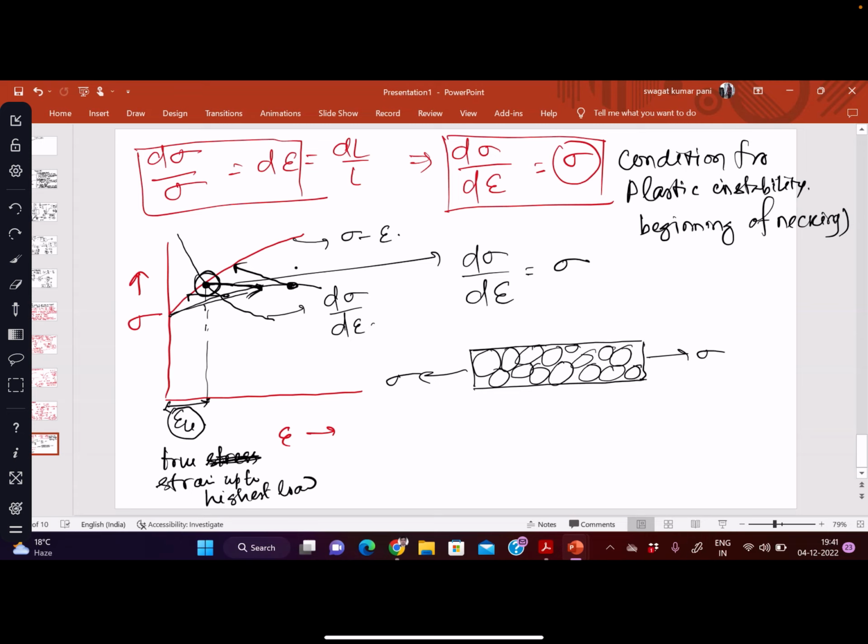And at each grain, the orientation of the planes is different. This is one reason. Also, there could be some voids or defects.